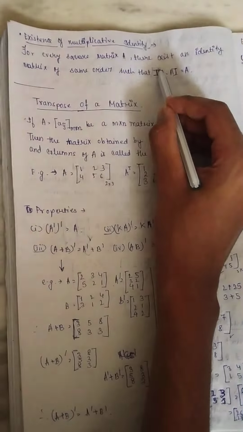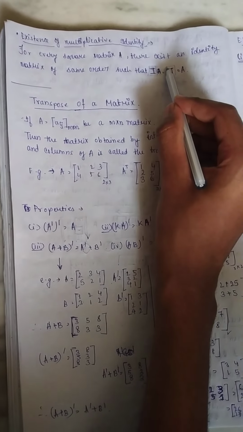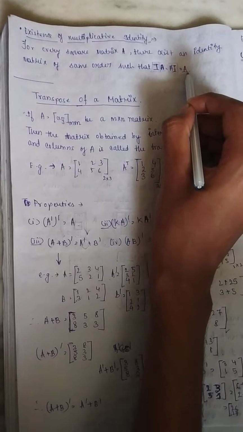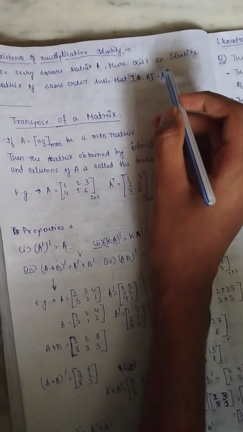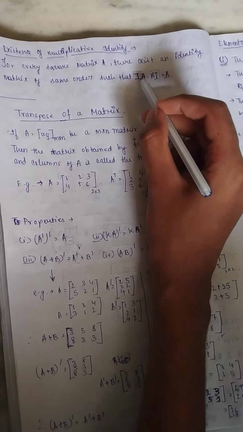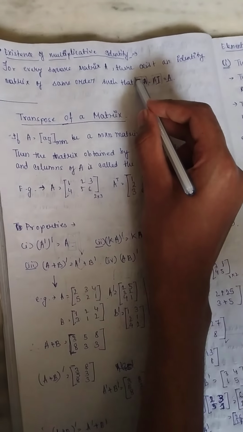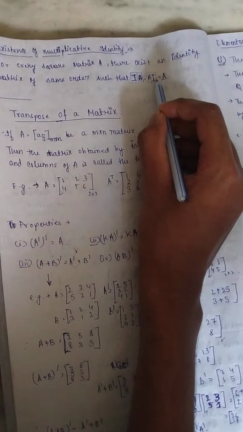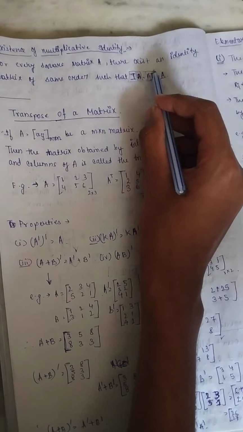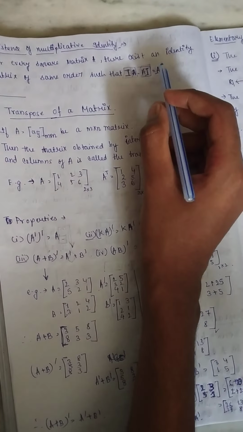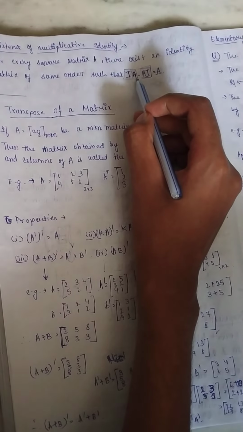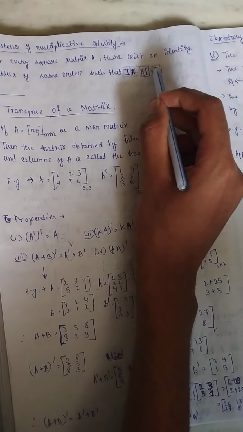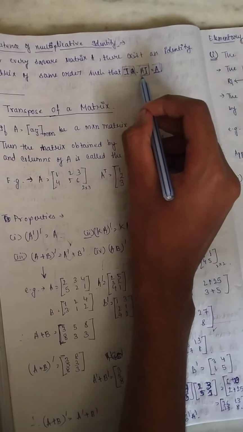Then IA is equal to AI, that is equal to A. Previously we learned that it does not follow commutative law, but I is a unit matrix. So if we multiply with the unit matrix, it gives the same matrix A. It will return the same matrix. So in this case, we can write IA equal to AI.